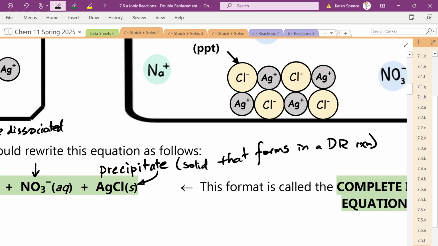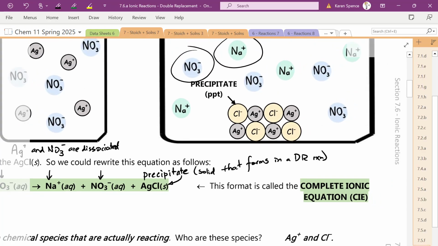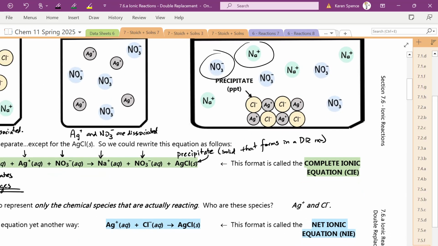And because this particular type of reaction includes all of the ions, we call it the complete ionic equation. Yeah? So it's because it's complete. It's got everything. Okay.